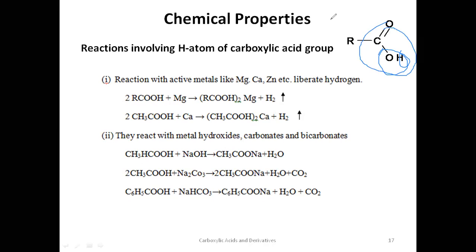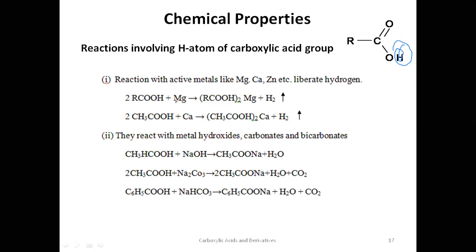Let us see the first case, the reactions which involve only this hydrogen. Only this hydrogen is affected. Let us see those reactions. There are two types of reactions possible that involve this hydrogen.